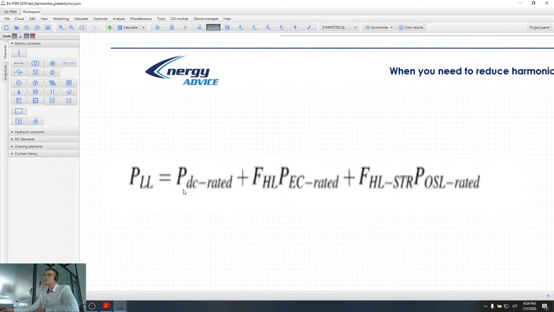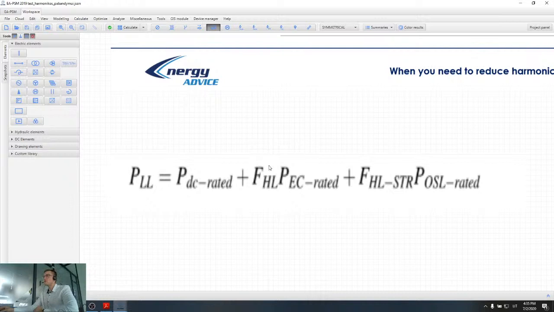First of all, there are some losses in, for example, a cable, even if we have DC current flowing. These DC current losses depend on the resistance of the cable, and they are not avoidable, and they do not depend on the harmonic level too much. So total losses are equal to DC losses plus some more interesting losses that depend on the harmonics.